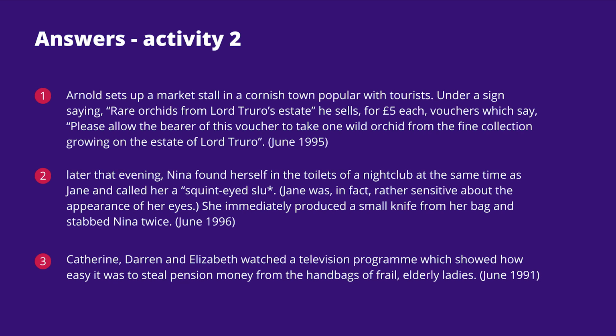In scenario 3, the reference to frail elderly ladies with handbags is an example of a scenario reinforcing a negative stereotype. It's important to not use stereotypes or imply that a particular group is more or less able in scenarios. You may have also noticed that these scenarios lack diversity in terms of the names used.